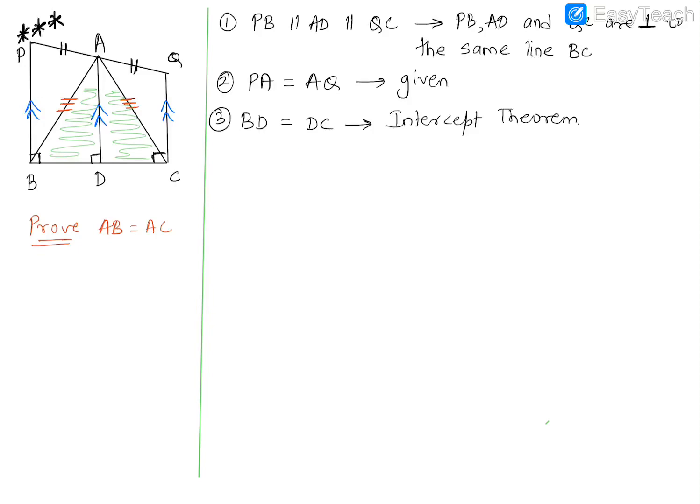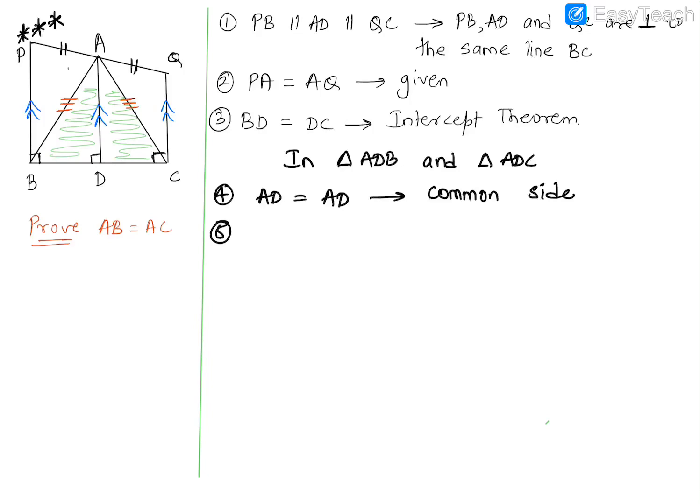First we are going to write in triangle ADB and triangle ADC. What is the first statement that we can write over here? AD is equal to AD. The reason is common side.